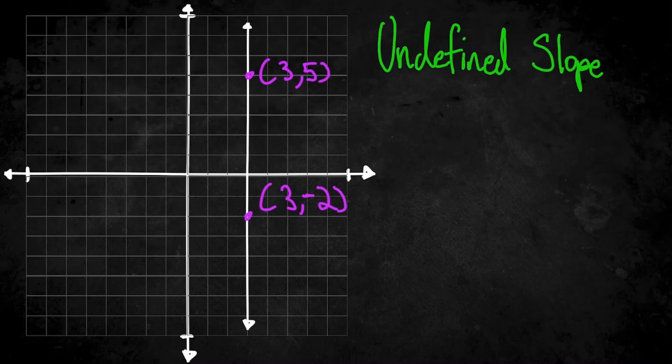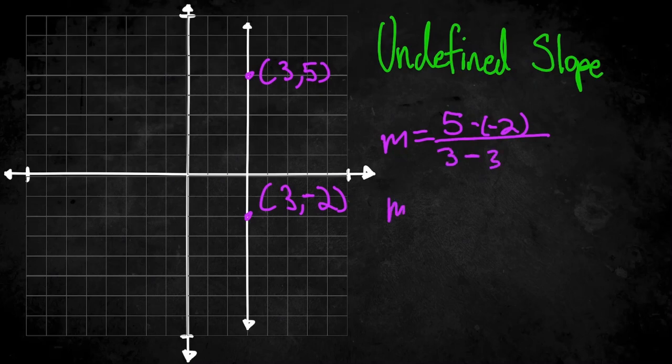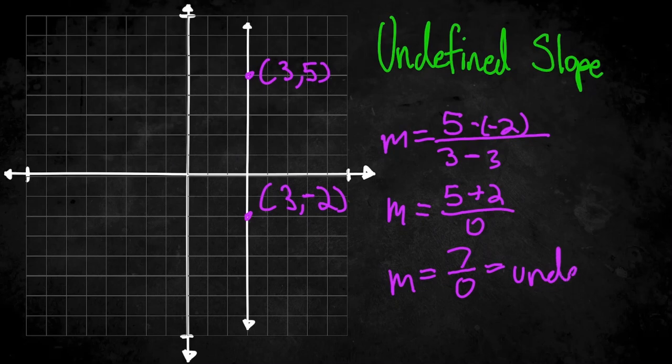Let's do (3, 5) first. So we have m equals 5 minus -2 over 3 minus 3. And that would be m equals 5 plus 2 over 0, and that is m equals 7 over 0, which is undefined. So this line does have an undefined slope.